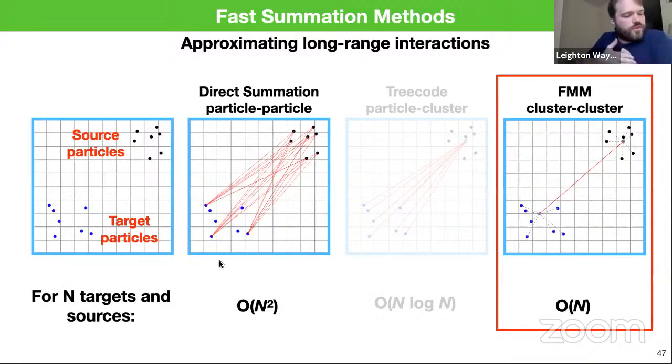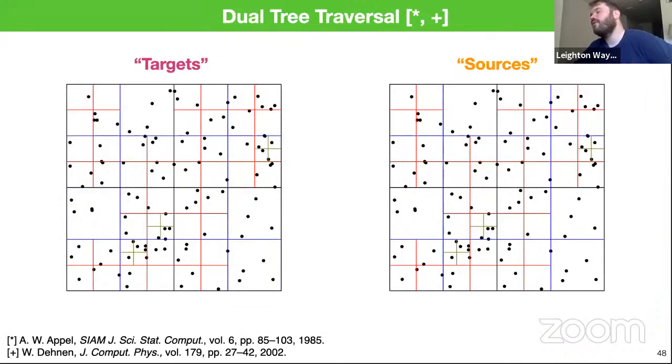Well, there's a lot more you can do with this idea. What I showed you, we were just clustering up the source particles here, but why not cluster up the target particles as well? And this is essentially the idea behind FMM or cluster-cluster fast summation methods, and we kind of ran with applying this idea to some of the tree code methods that we were working on.